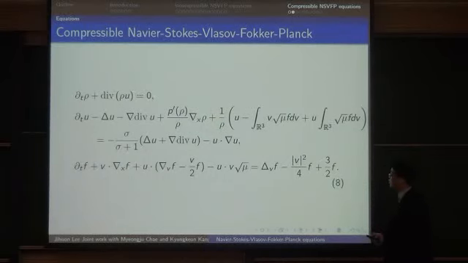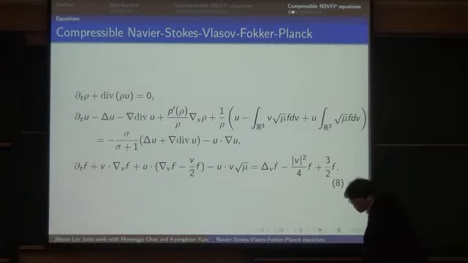So we have the incompressible Navier-Stokes equations, and we will set the viscosity and all the constants to 1. We will only consider the isotropic case, the isotropic fluid. Then we have equations like this.